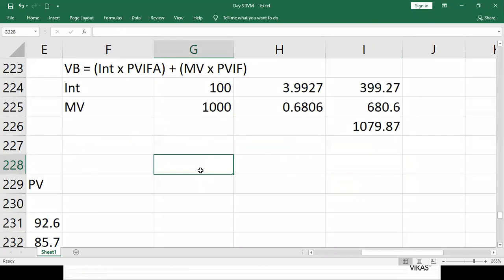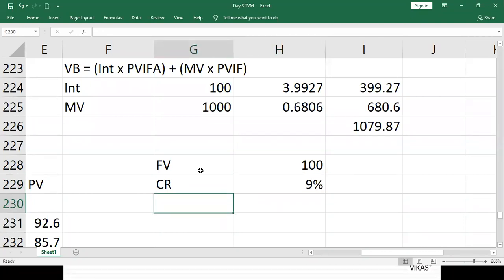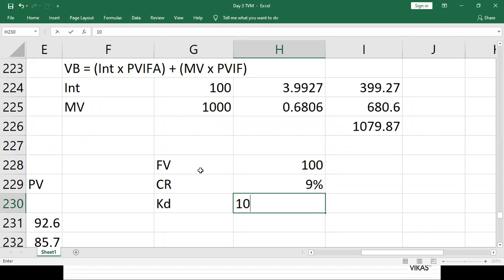Say par value, face value is 100. Coupon rate is 9%, and cost of debt is 10%.